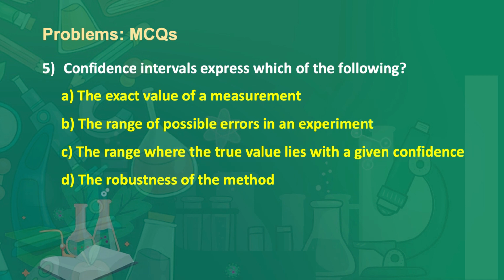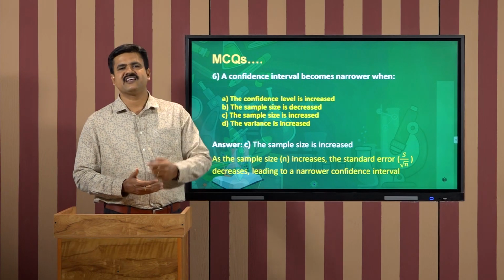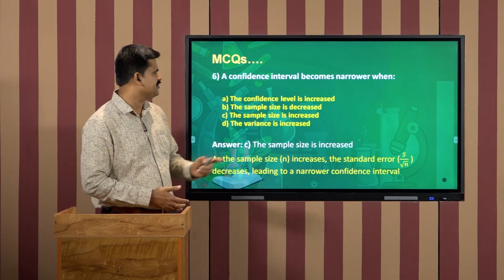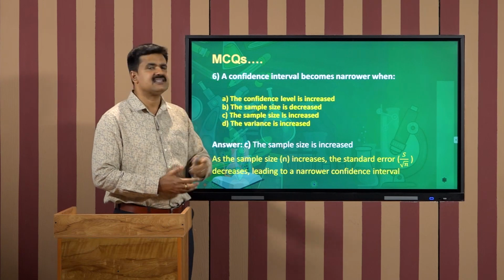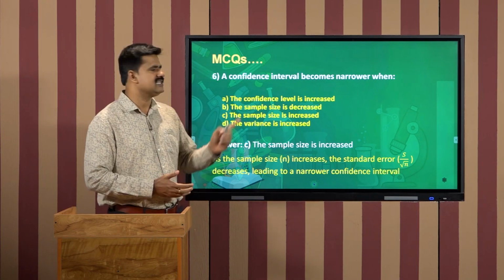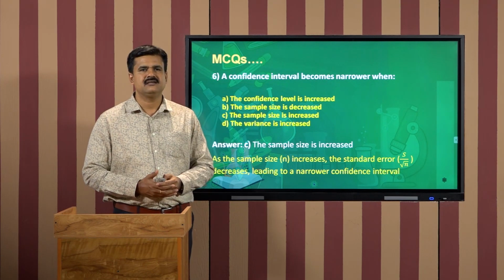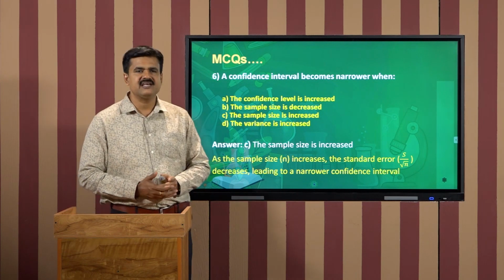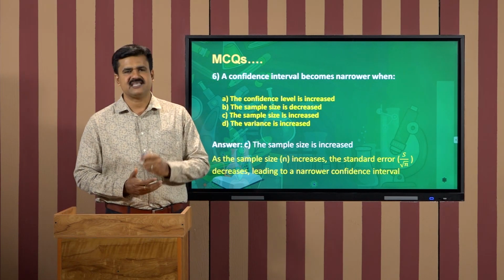A confidence interval becomes narrower when the confidence level is increased, the sample size is decreased, the sample size is increased, or the variance is increased. The answer is also shown here. The sample size is increased.